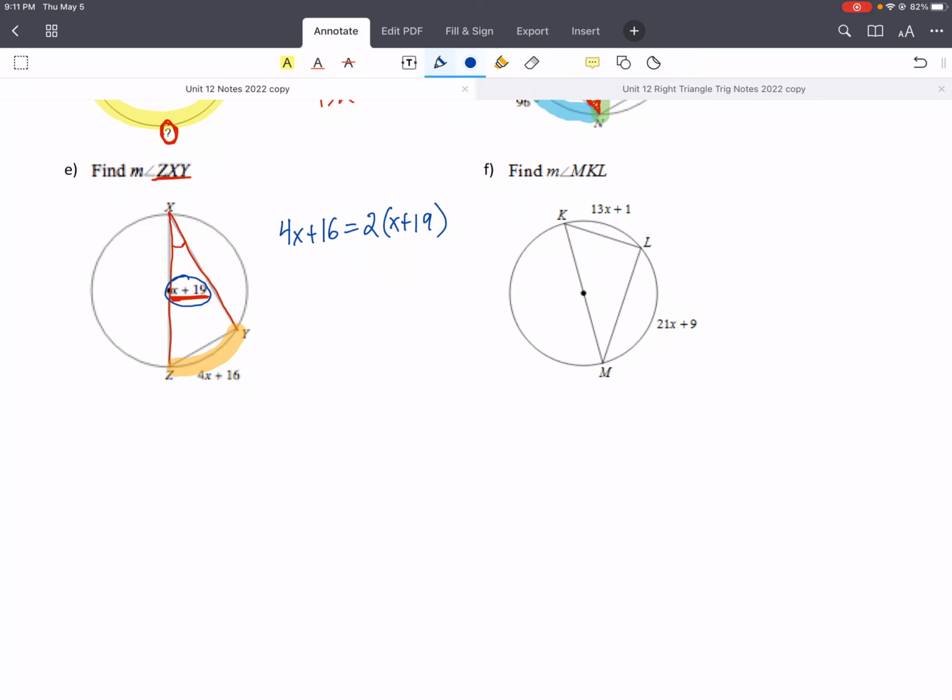Now we plug, now we need to chug. So to do that first, we distribute the 2. So we get 4x plus 16 equals 2 times x is 2x, plus 2 times 19 is 38.